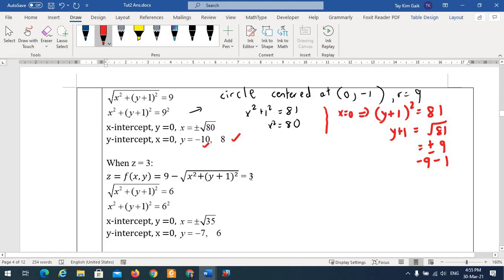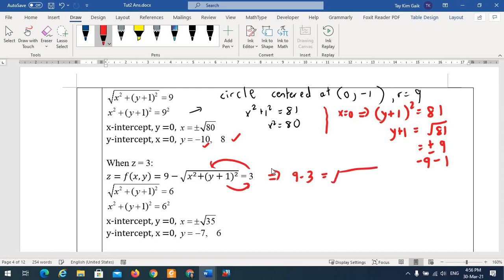And later on, z equal 3. So similarly, z equal 3, and then from here, we have 9 minus 3, so 3 brought to here, negative brought to the other side. So to get here, cube root of x squared plus (y plus 1) squared equal to 6.